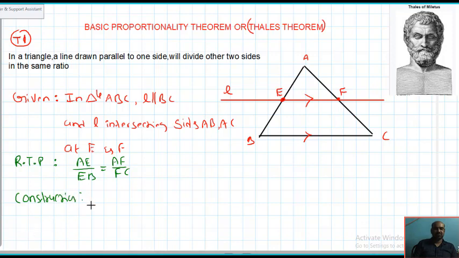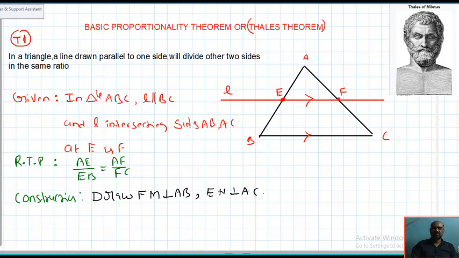Students, draw FM perpendicular to AB, comma, EN perpendicular to AC.